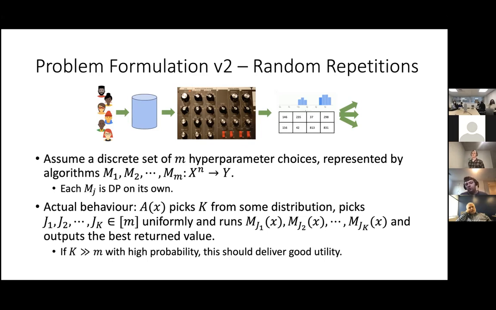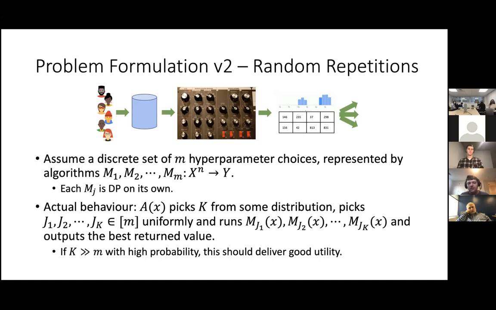How do I actually choose which algorithms to run? I'm just going to pick indices j1 through jK uniformly at random, and I'm going to run M sub j1, M sub j2, and so forth. So there's also some randomness in which ones I choose to run each time. That's not really the essential part, but that's how we make sure it fits together with this random number of runs.